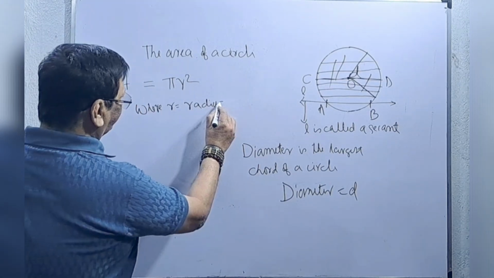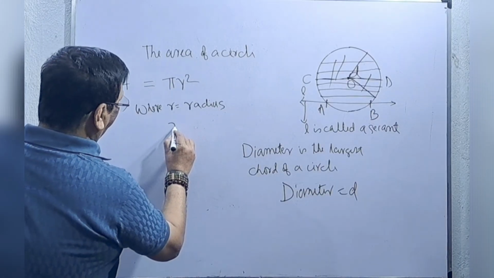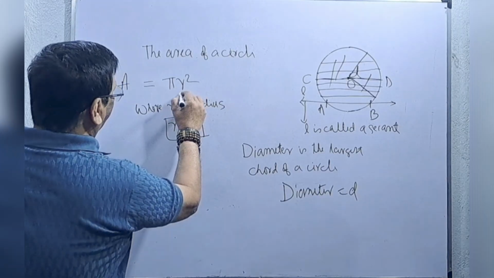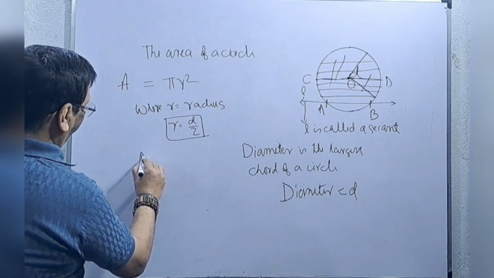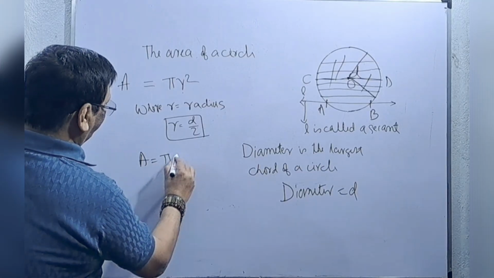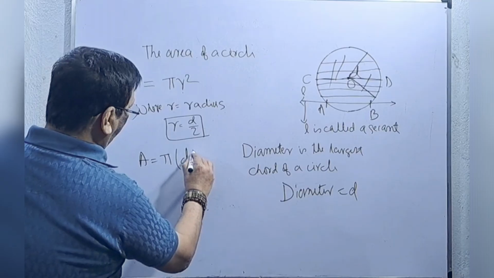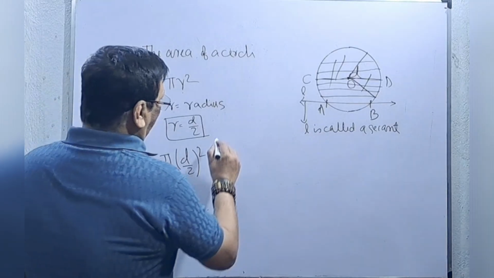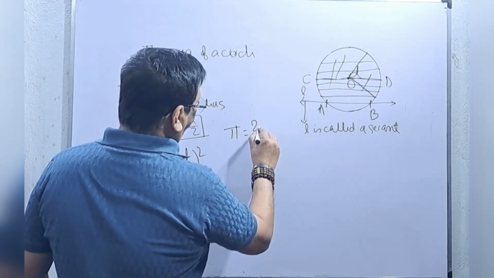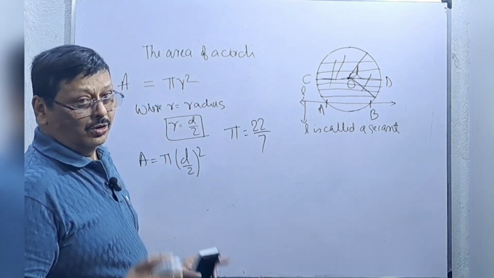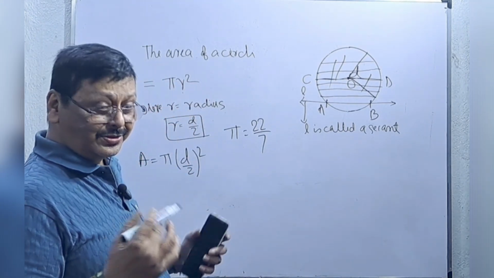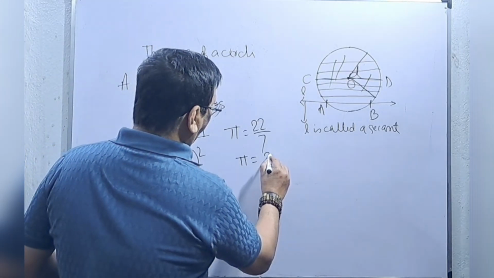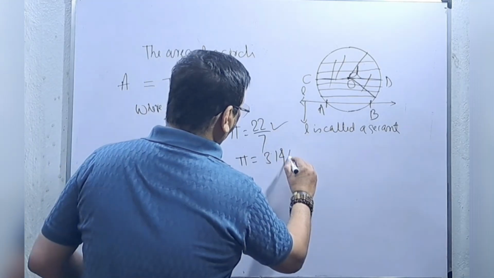Now we know that r is equal to d by 2, right? So we can put this here instead of r. So A will be equal to pi times d by 2 whole square. Now the value of pi could be equal to 22 by 7, which is more often than not used. But if you are asked in a question to use pi is equal to 3.14, you can jolly well do that.